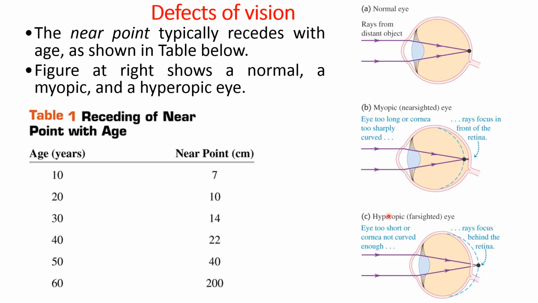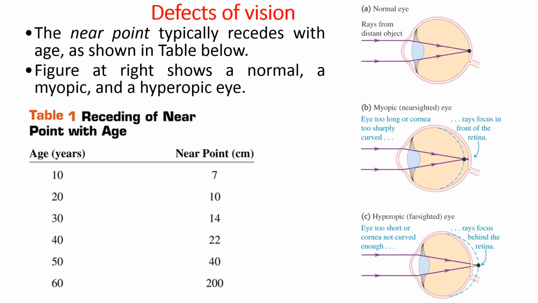The second defect of the eye is hyperopia, and the affected eye is called a hyperopic eye or far-sighted eye. A far-sighted eye, or hyperopic eye, is an eye which focuses the images behind the retina.